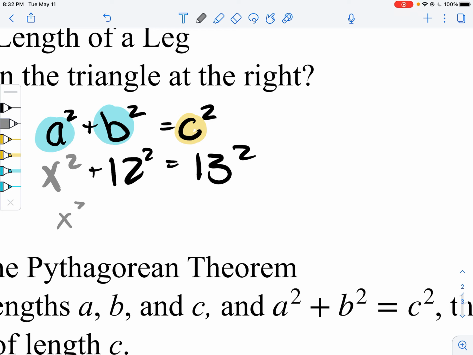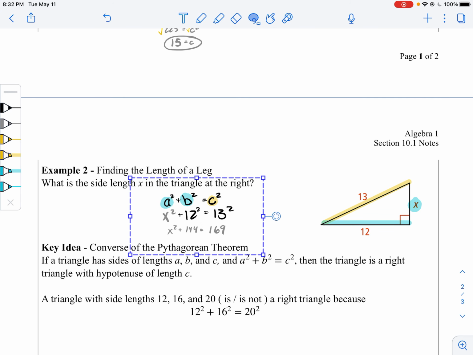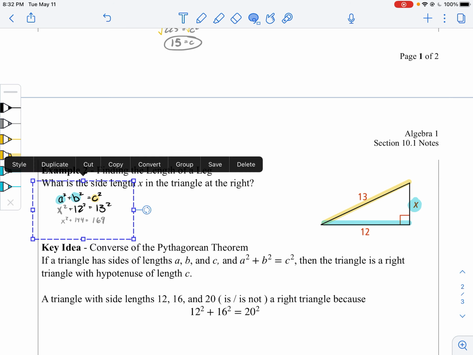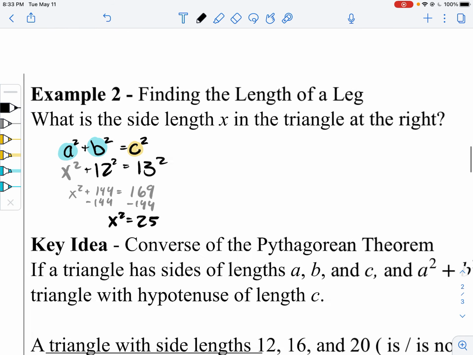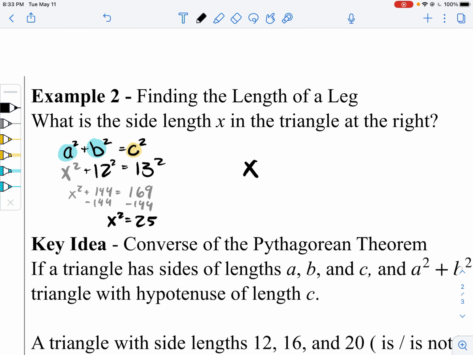So we get x squared plus 144 equals 169. I always get 13 squared and 14 squared mixed up. We need to subtract 144 from both sides. We get x squared equals 25, which means taking the square root of both sides, x equals 5.